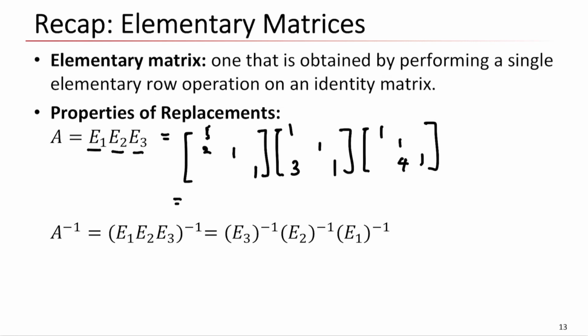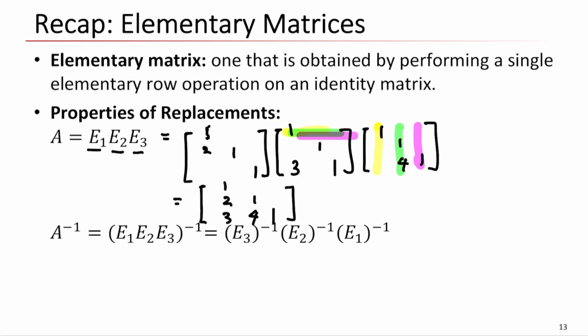What is that? To derive this matrix multiplication, we compute something like this, and something like this. You know how to do that, right? Then if you derive this multiplication, you will get 2, 3, 4.